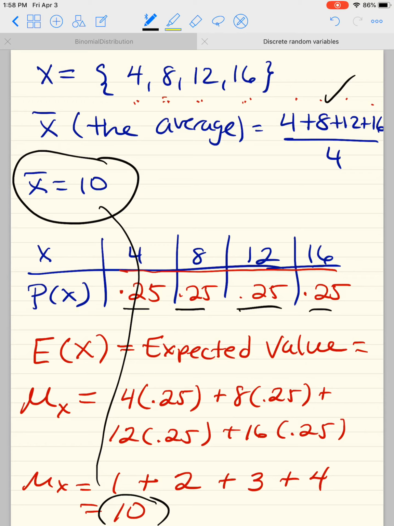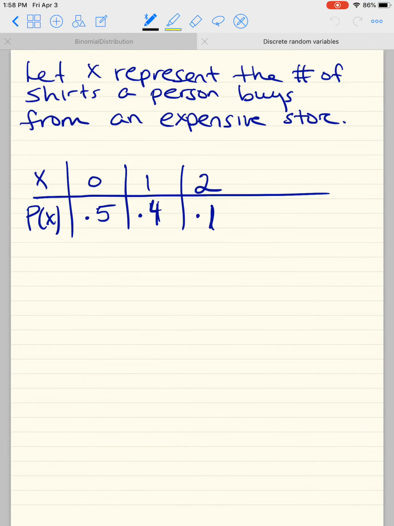So you might be asking, how come we don't just add up the numbers and divide for all of them in order to find the average? Well, that's because not all of the numbers have the same likelihood of happening.